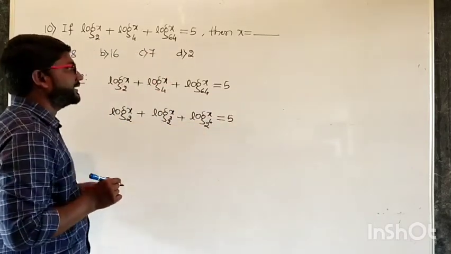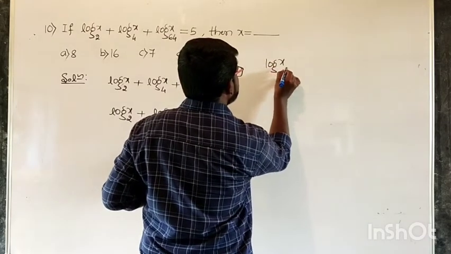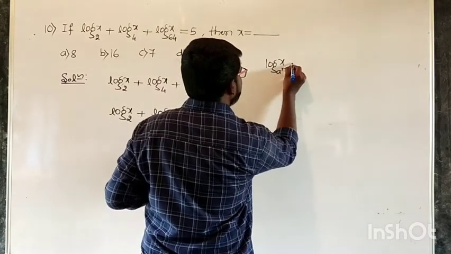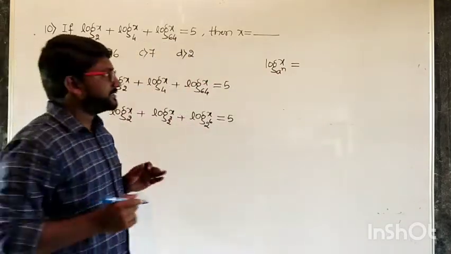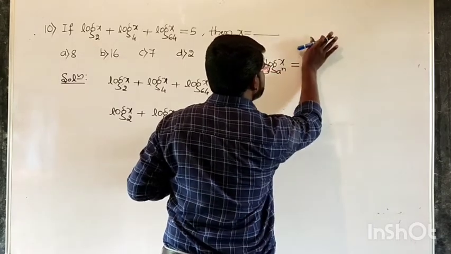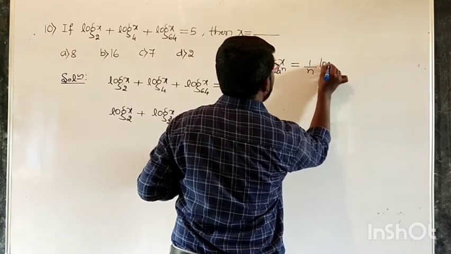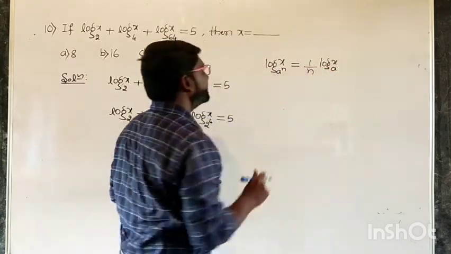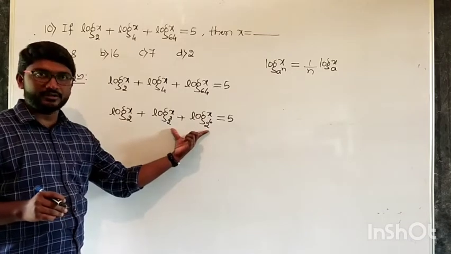So we have the standard property now: log x to the base a raised to n can be written as 1 by n into log x to the base a. We have to make use of this property for these two terms.